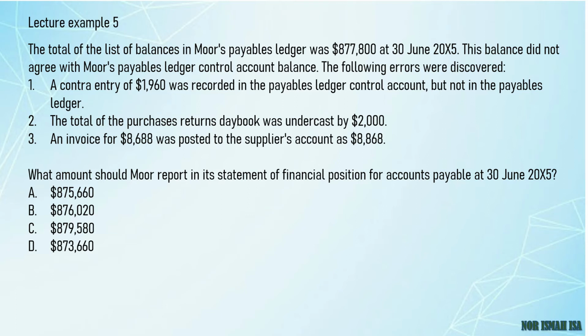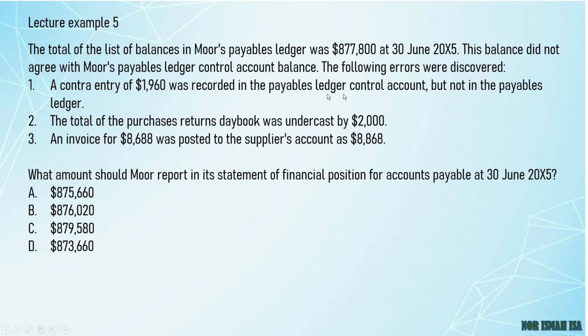So the following errors were discovered. We have 3 mistakes here, and you need to identify where each mistake occurs. Look at the first one, a contra entry of 2,960 was recorded in the payable ledger control account, but not in the payable ledger.